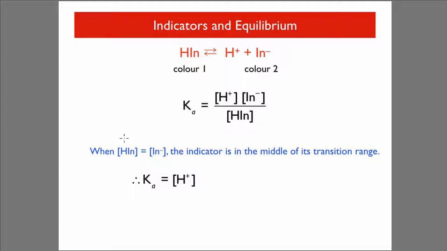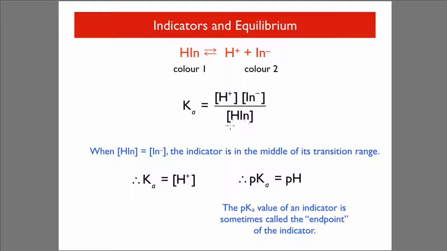Therefore, the dissociation constant will equal the concentration of the hydrogen ion, which makes sense because the indicator ion and molecule concentrations cancel out to be 1. And therefore, if Ka equals the concentration of H+, the negative log of Ka is pKa, the negative log of H+ is pH, and so pKa equals pH.